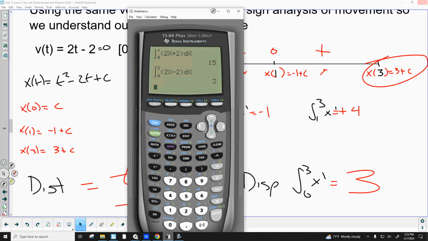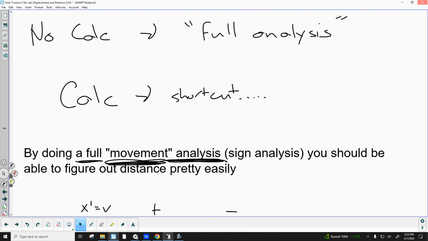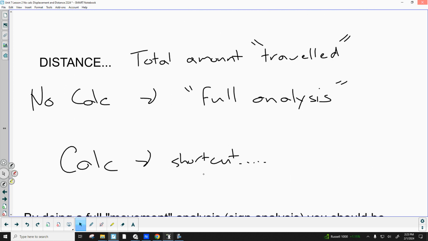Okay, good. So that's 5. It would be great if I could get the answer 5 without having to do a full sign analysis. So let's go back to the distance calculator shortcuts.